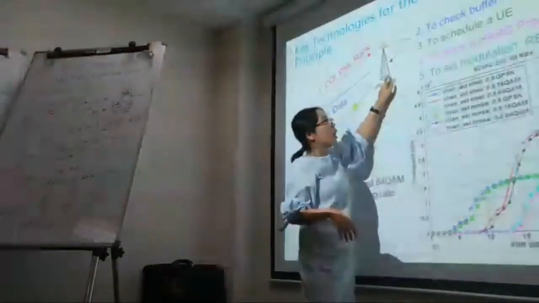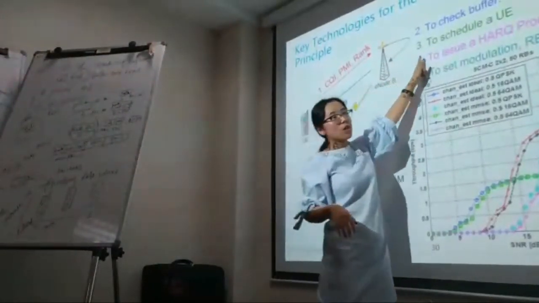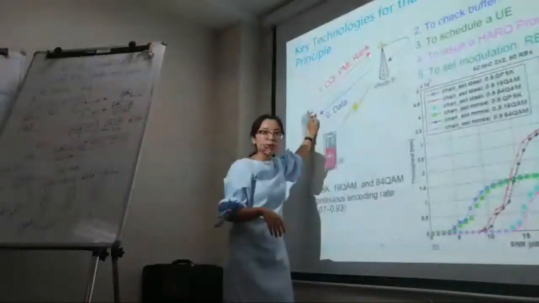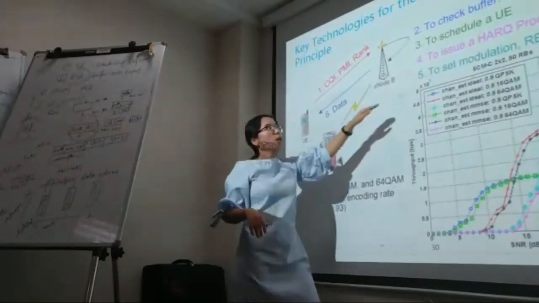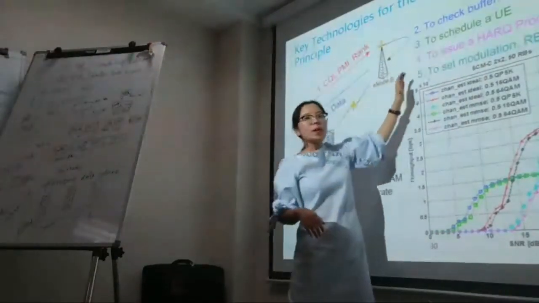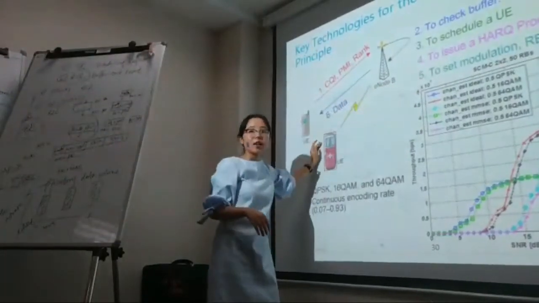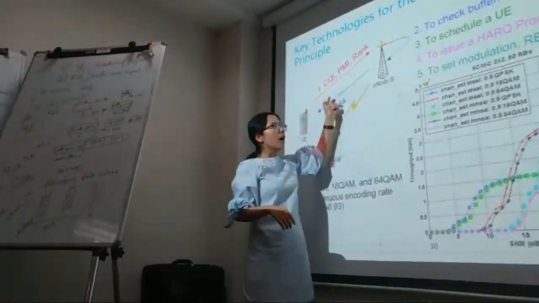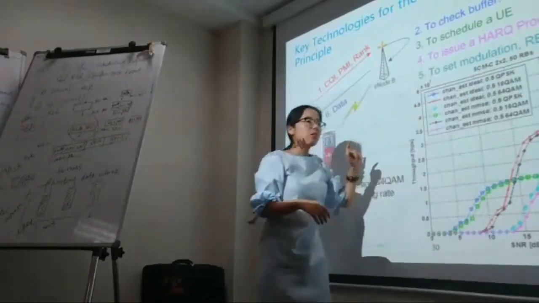And the NodeB, according to the UE, will schedule the UE and send the schedule information to the UE. The UE will use a HARQ process, transmit the data, and the NodeB will feed back the HARQ. So all this is based on the CQI. How to set the modulation and coding is based on the CQI.